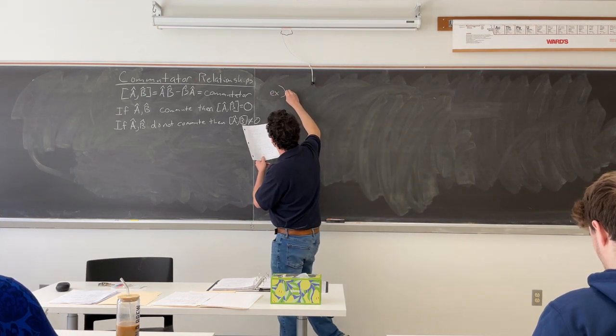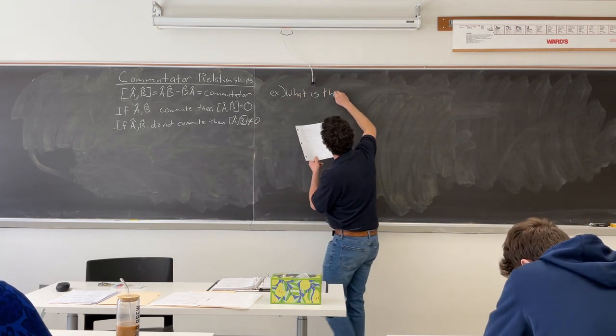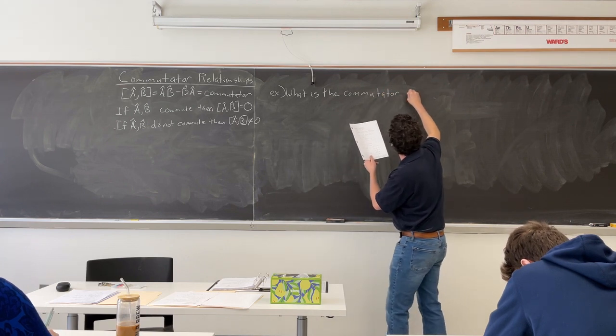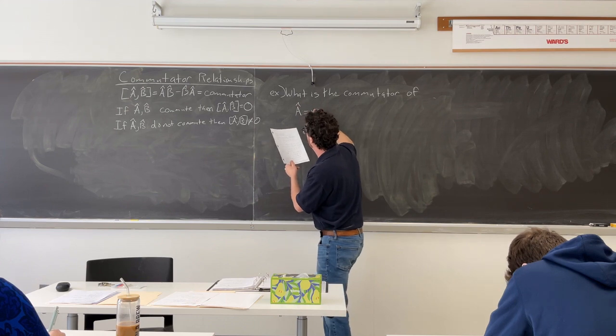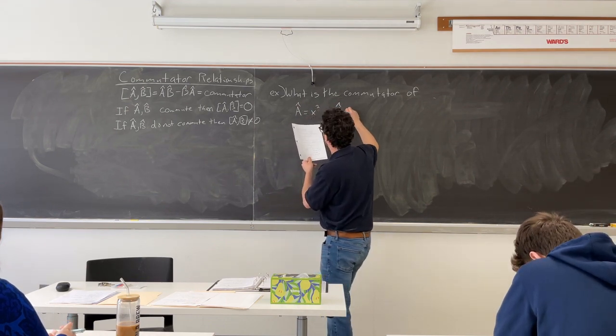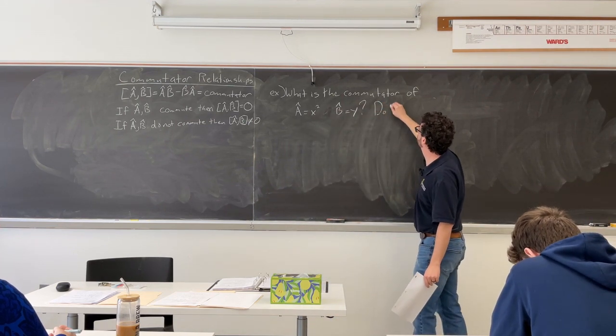So as an example, what is the commutator of, we have two operators, A hat is equal to x squared, B hat is equal to y. We're going to ask, do they commute?